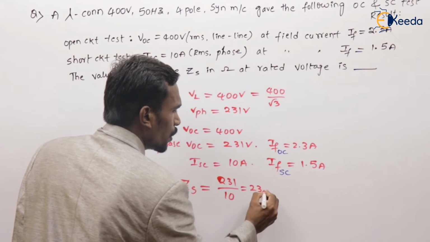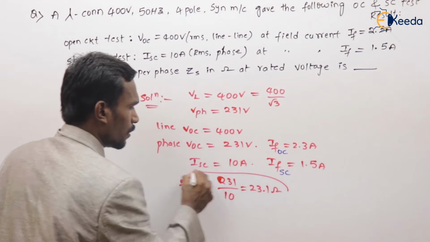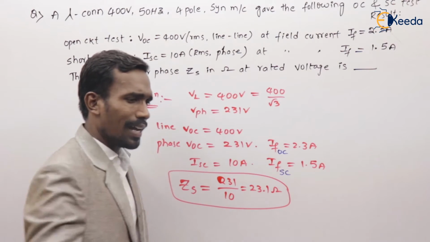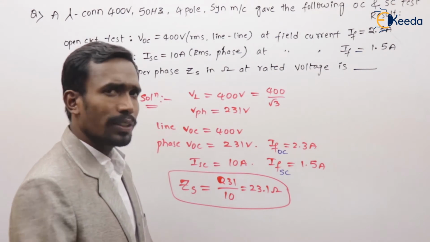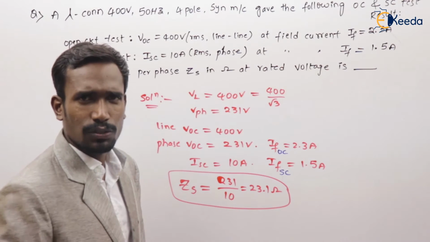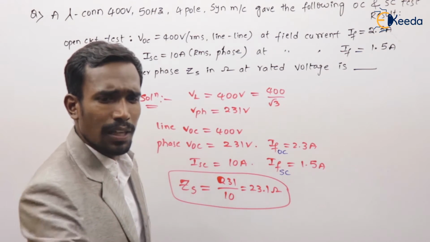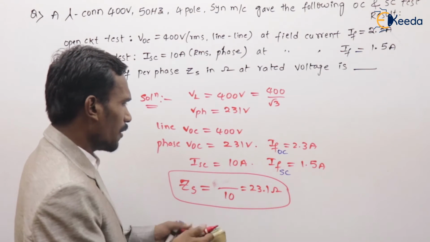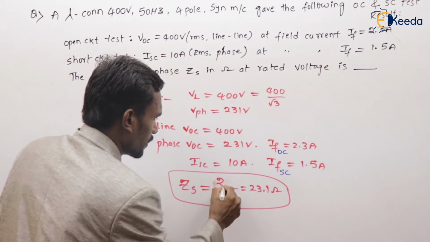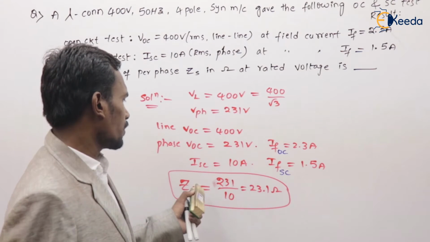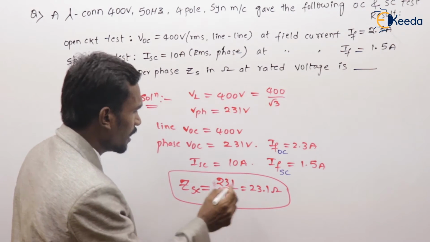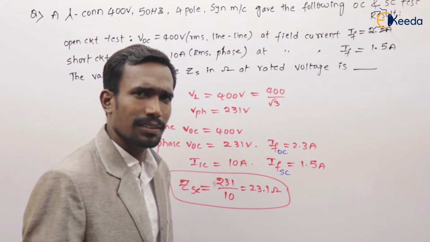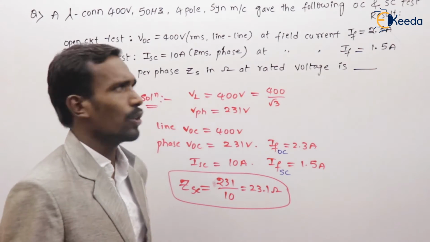Its value is 23.1 ohms. This is EOC, 231 volts, divided by ISC. So ZS, the short circuit impedance, is 23.1 ohms.